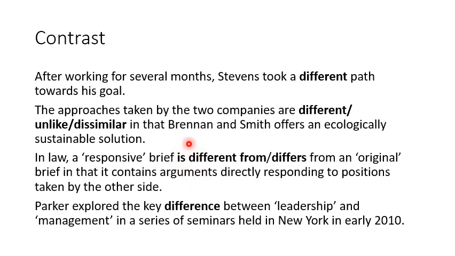Always remember, there is no correct English sentence without a verb. For this sentence, is is the verb here. Or we can remove the is different from and replace it by differs.